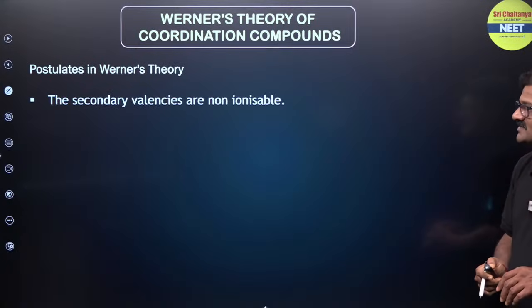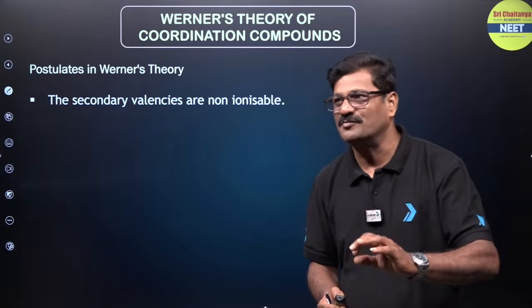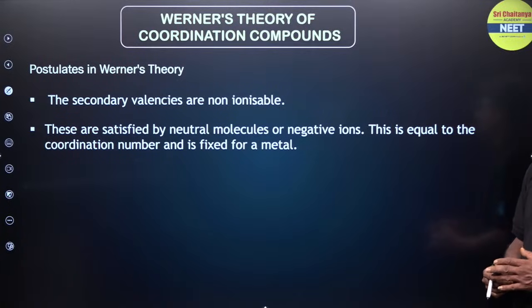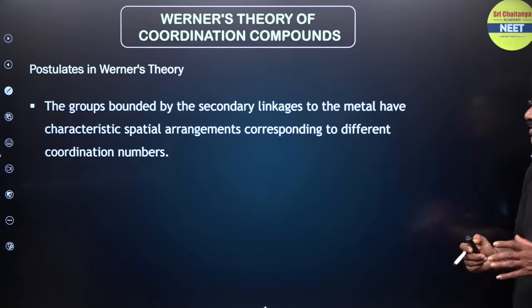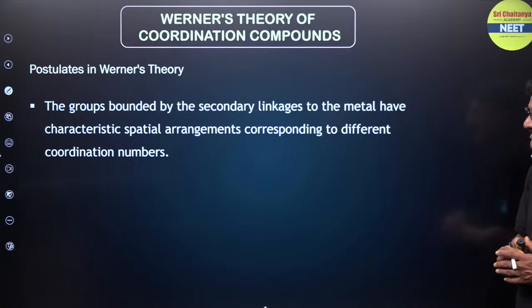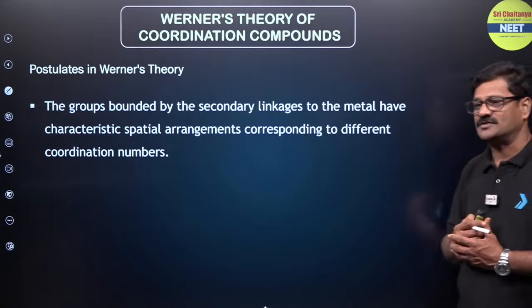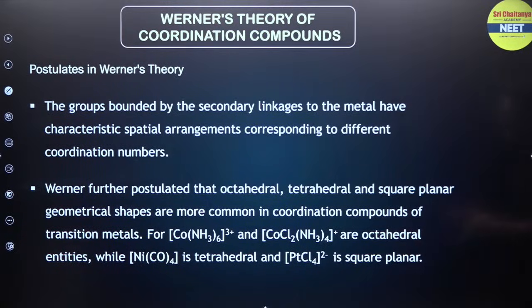Secondary valencies are non-ionizable, formed by dative bonds, satisfied by ligands, and equal to the coordination number. The groups bound by the secondary linkage to the metal have characteristic directions, giving spatial arrangements for different coordination numbers. Werner further postulated that octahedral, tetrahedral and square planar geometries are common in coordination compounds.